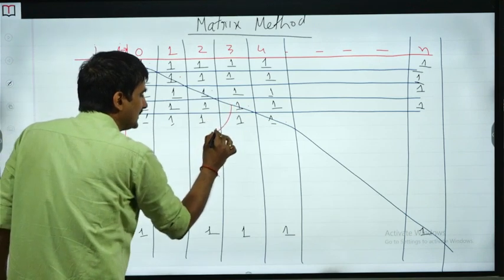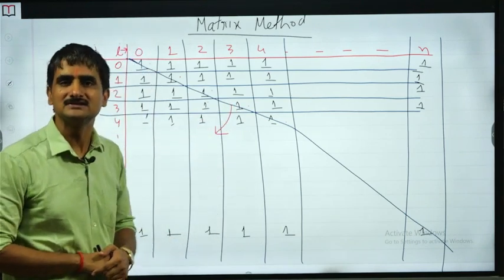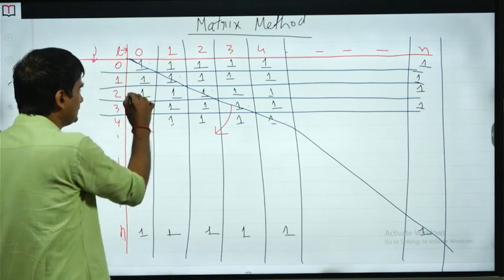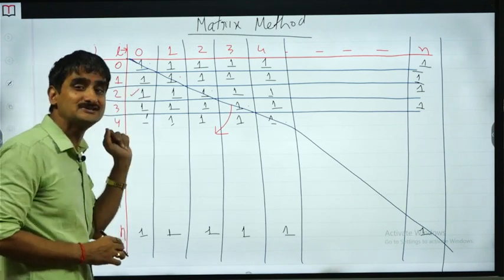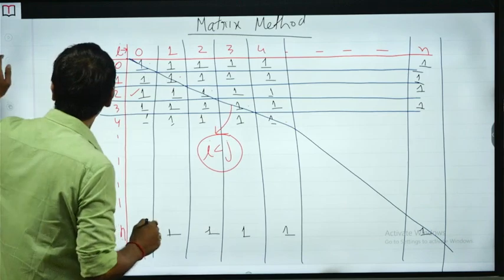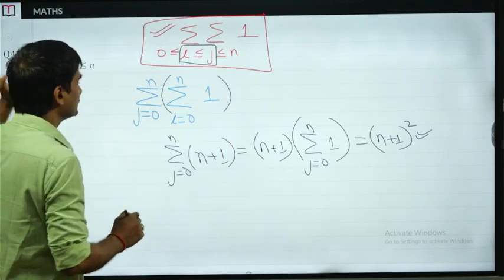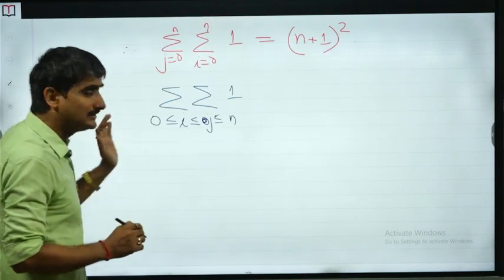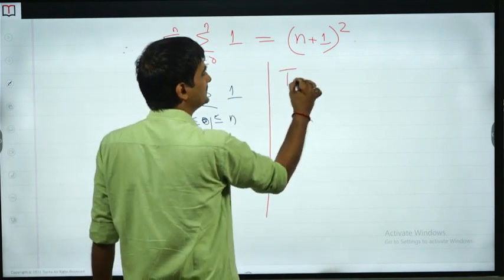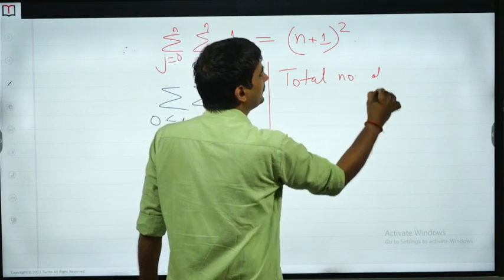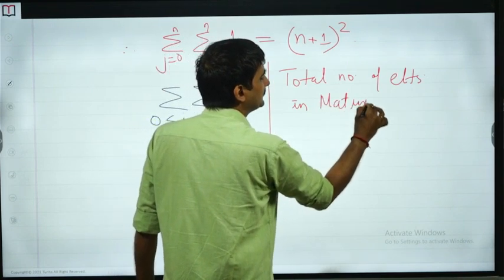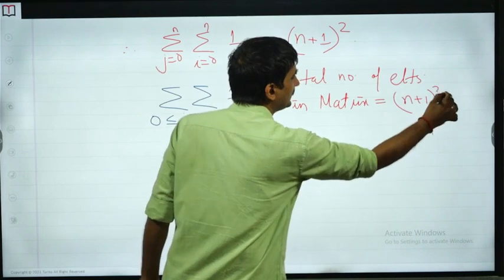Okay, let's see. If I am looking at the elements away from the diagonal, what is the position? If I look at it, i is 0, j is 2, so i is less than j. So when i is less than j, we are looking for the elements on one side of the diagonal. The total number of elements in the matrix is n plus 1 whole square.